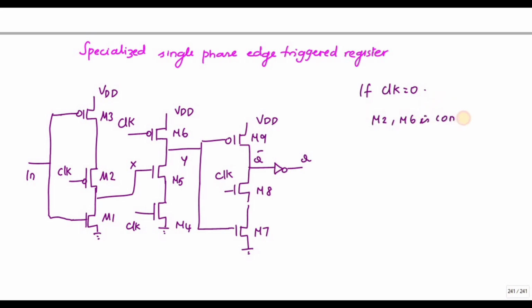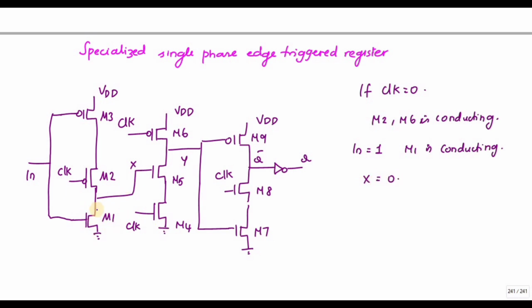If the input value is 1, M1 is also conducting, making my X go to 0.